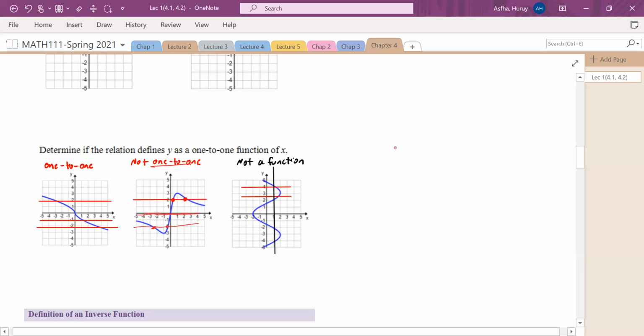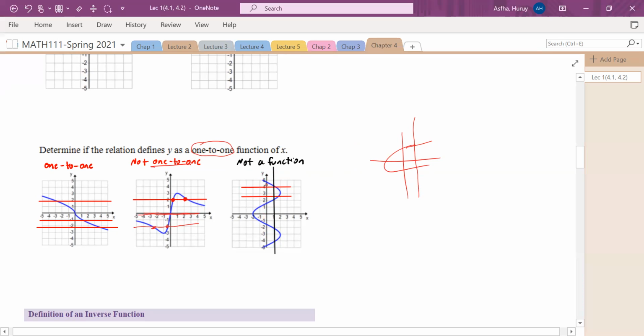The vertical line test is, for example, if we have a graph like this one, and a vertical line intersects the graph at more than one point, then we say this is not a function. And similarly, if you look at this one, if you draw a vertical line, it touches the graph more than once.